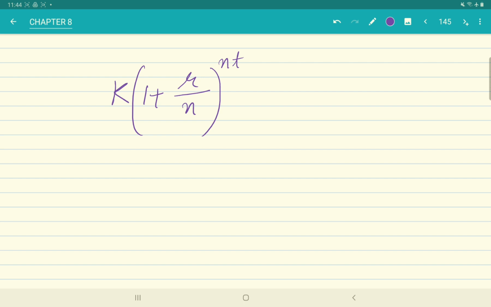That means we are making n approach infinity. So we have to see what happens to this expression as n tends to infinity. Then that will give us a perspective on the fact that there is a limit to how frequently interest can be added to the savings account.